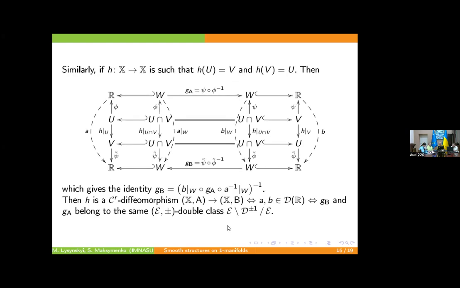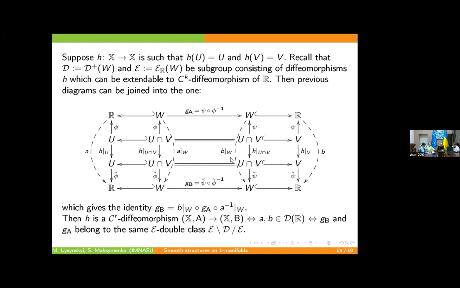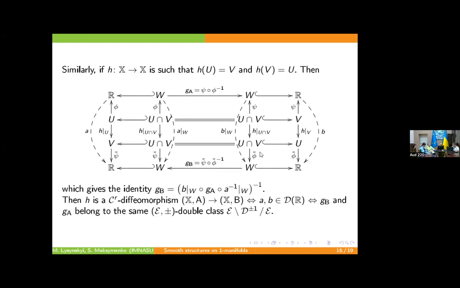Well, and a similar statement holds in the case when H exchanges U and V. In this case we have a similar diagram, but it differs from the previous one: we just change the direction of the last two rows. You can see the difference here. We have UV and so on, and here we have VU.